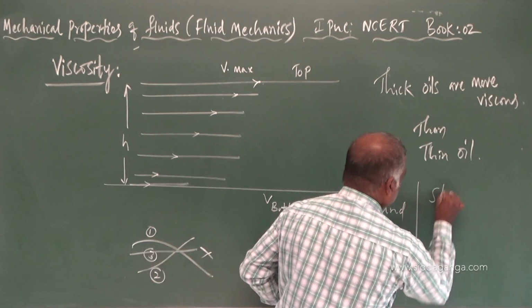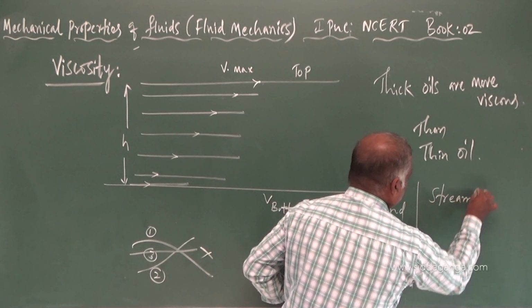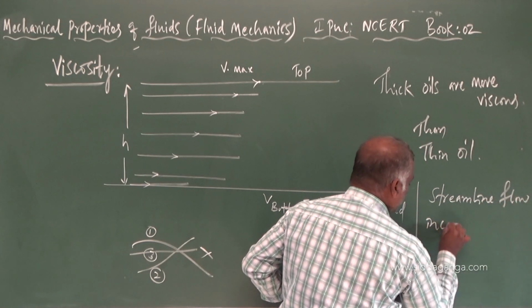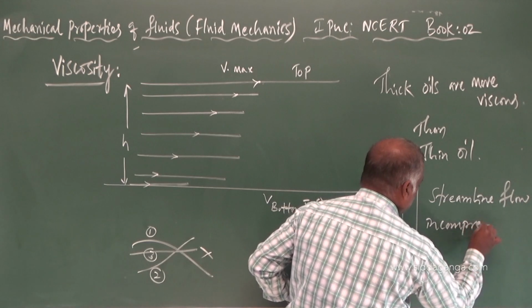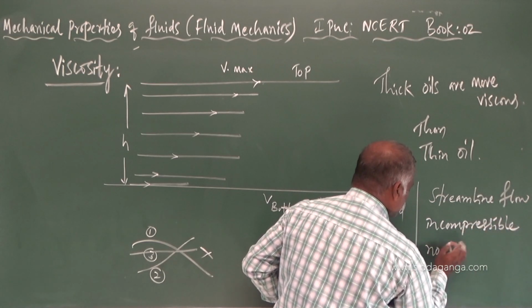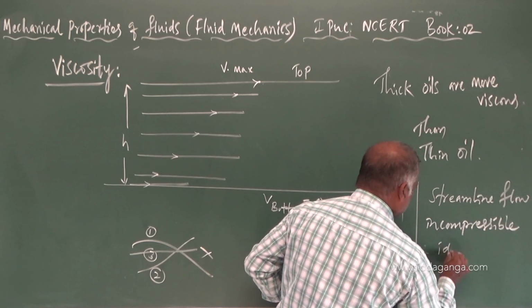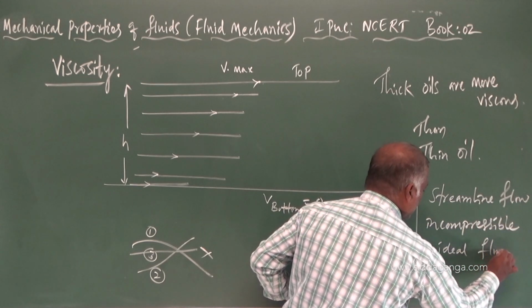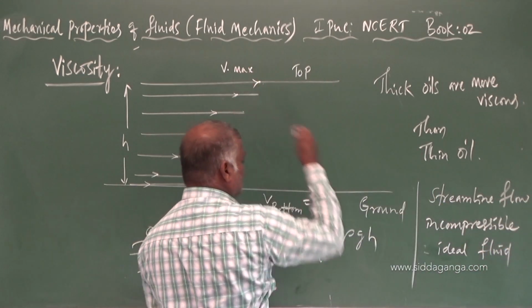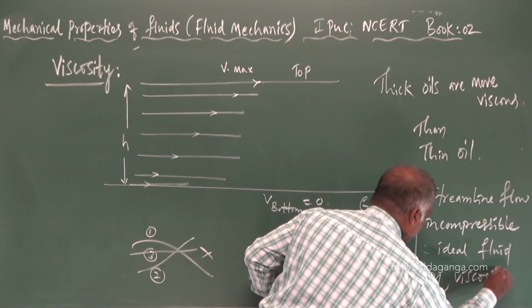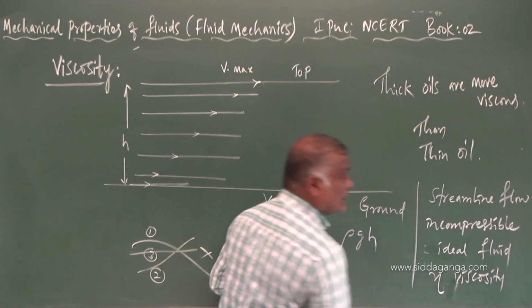For a streamline flow, we assume an incompressible, ideal fluid, and this has some viscosity. Let us come to this, eta.